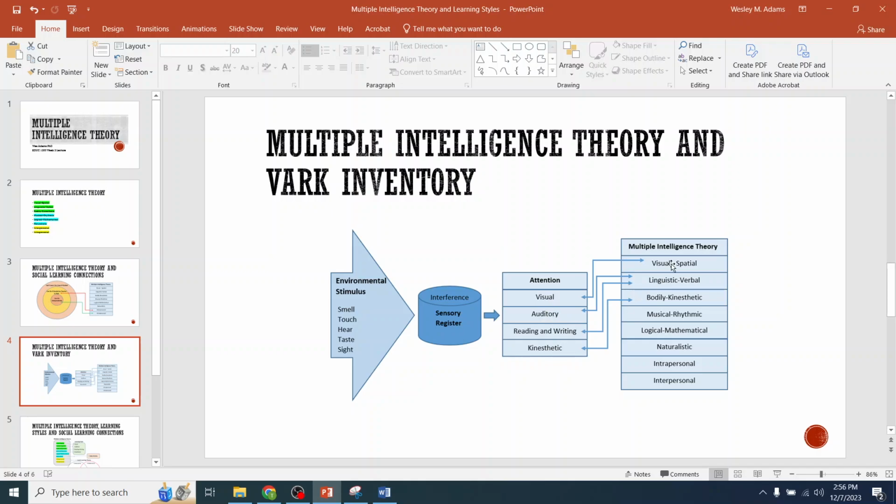But you can see this is linked to multiple intelligence theory because it is the beginning stage of what we talked about earlier. The reading and writing and auditory are lumped up in linguistic and verbal of multiple intelligence theory. But this is way easier to think about. It's way easier to apply to your daily learning. And that's how I want you to think about the rest of the semester.